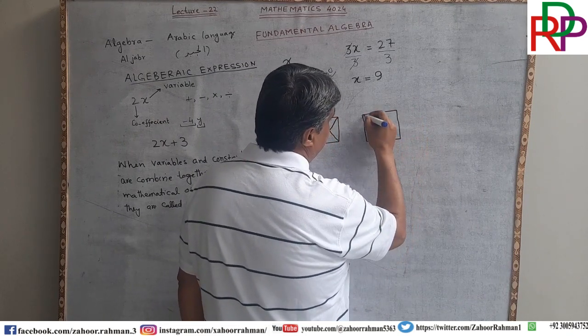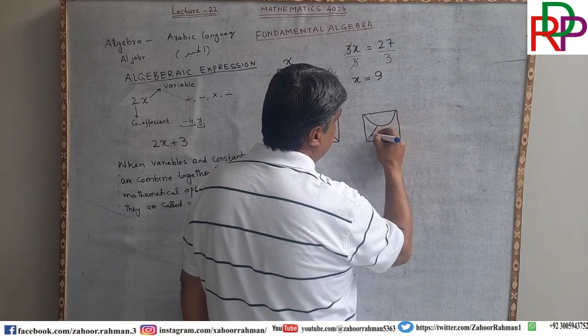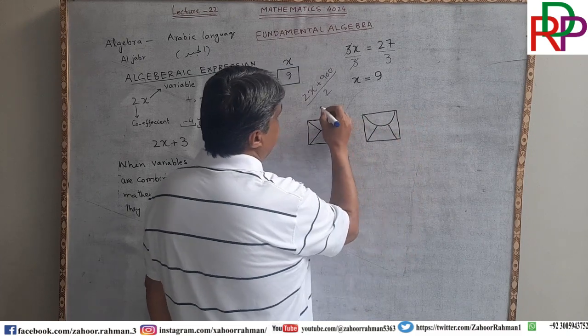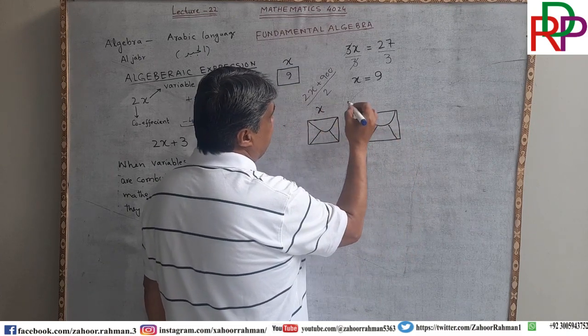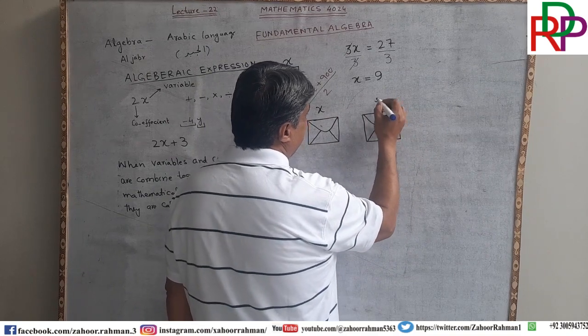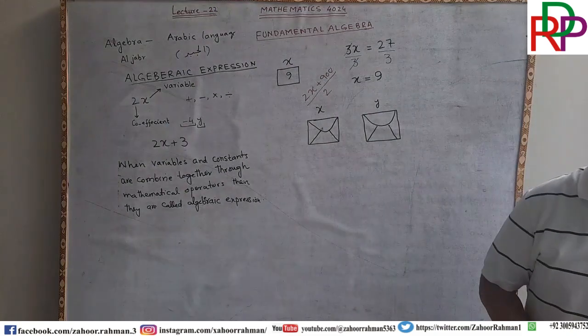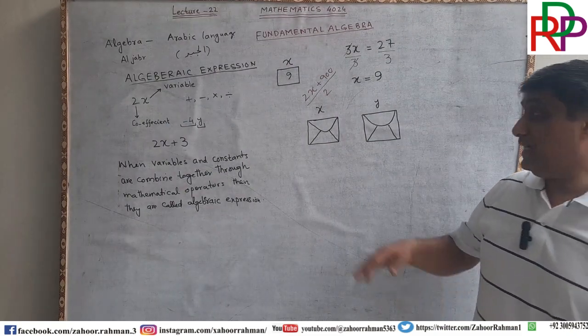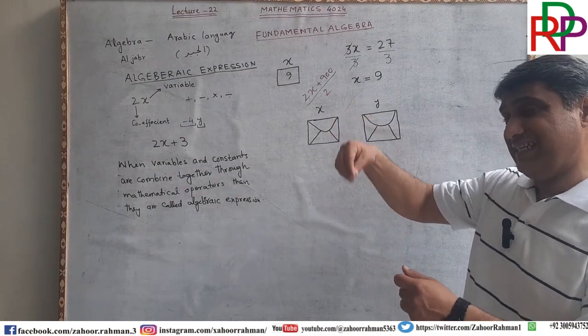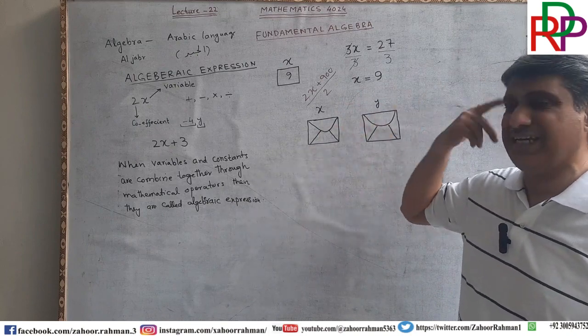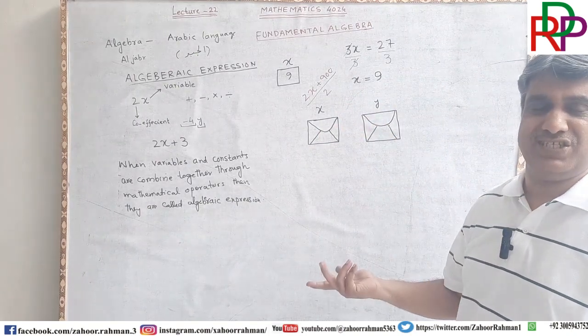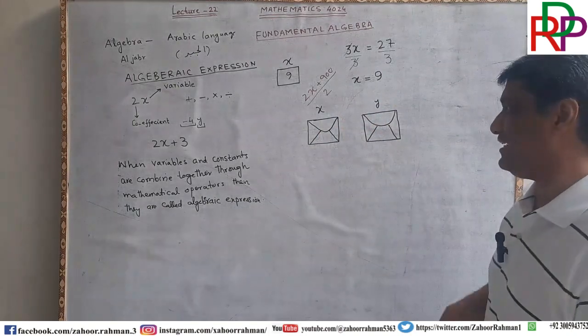There is another envelope, and I am calling this envelope X and the second envelope Y. Because whatever is inside the envelope, for example, there is a currency note inside it.